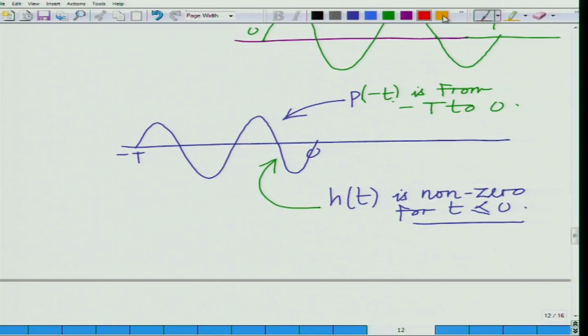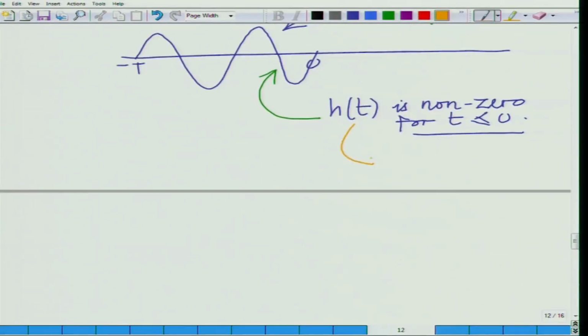This is a non-causal system, which causes problems.